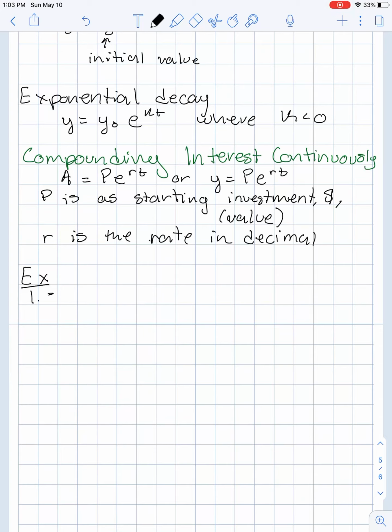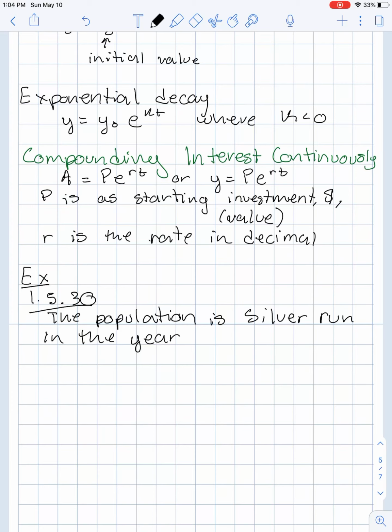In 1890, the population in some city called Silver Run was 6,250.